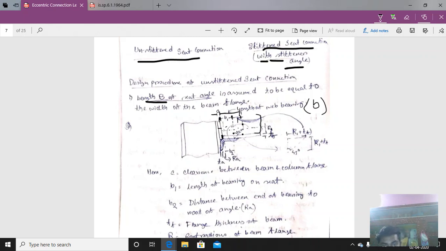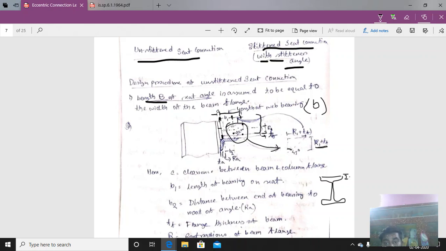Now if we draw that here, this is the connected I-beam, this is the flange thickness TF, and this is the root radius R1. So if we take TF plus R1 from here at 45 degrees, it is a right angle triangle with equal sides.